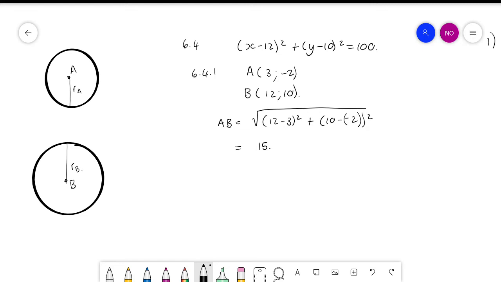Do you agree? Because then you didn't take this into account. Or if they are cutting one another, sure, then once again, it will not be equal. It's only when the two circles are tangents of one another that you can say that.